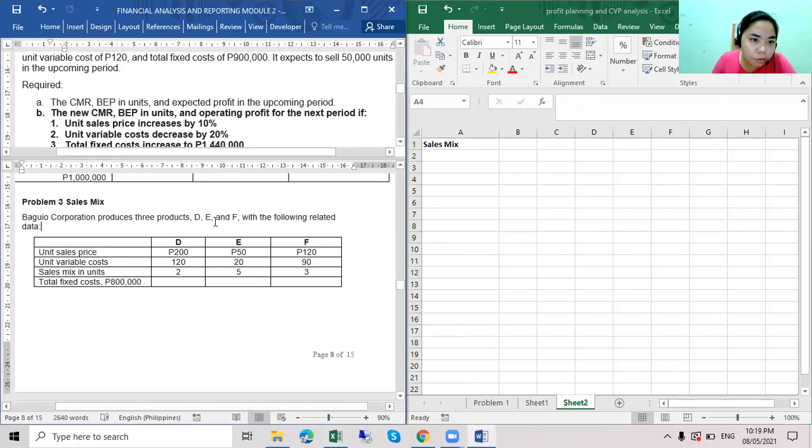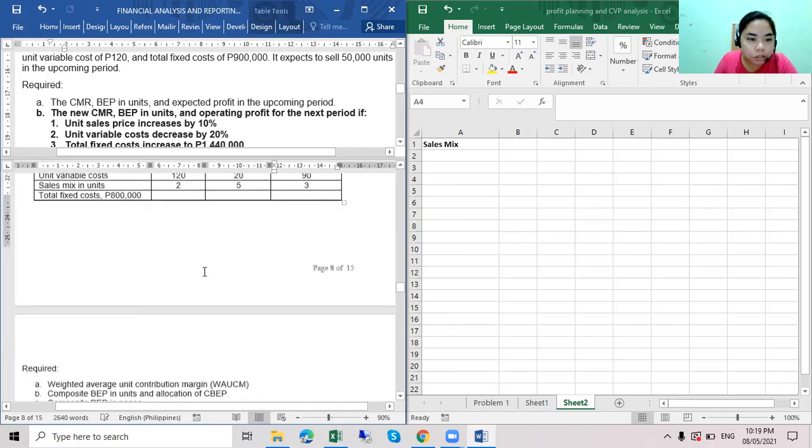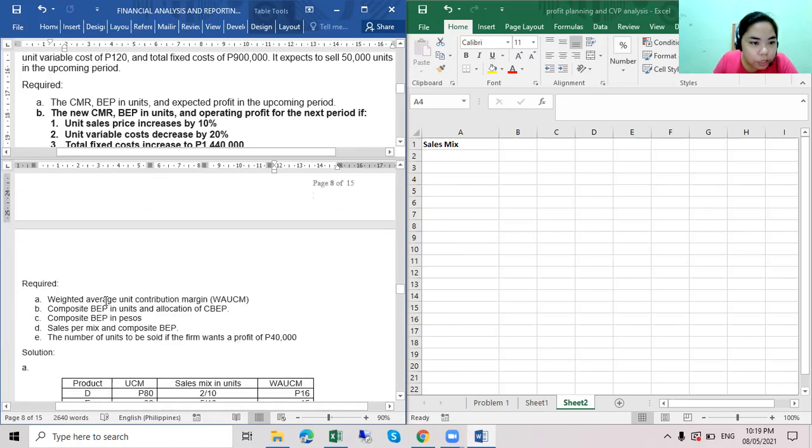So we have your example. Baguio Corporation produces 3 products, D, E, and F with the following related data. So for D, E, and F, we have the following sales price, unit variable cost, and sales mix in units, and total fixed cost is 800,000. Okay, the questions are weighted average unit contribution margin, composite break-even point in units, allocation of composite break-even point, composite break-even point in pesos, and so on.